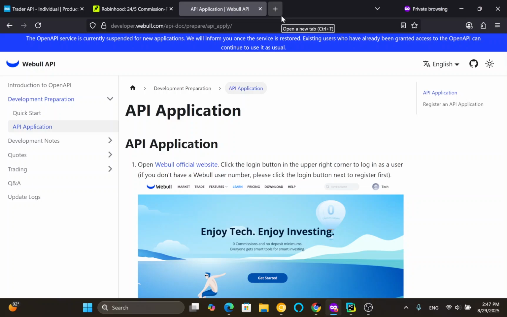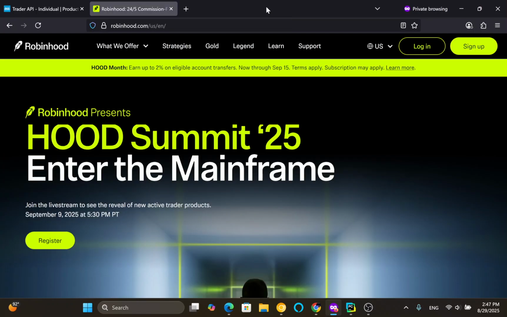E-Trade has an API, but the approval process was rather complex, with high minimum balances for API access and documentation that assumes institutional use. We don't have a team of developers helping us, so we will do everything on our own. Ameritrade was excellent, but got acquired by Schwab, and that's how we ended up using Schwab.